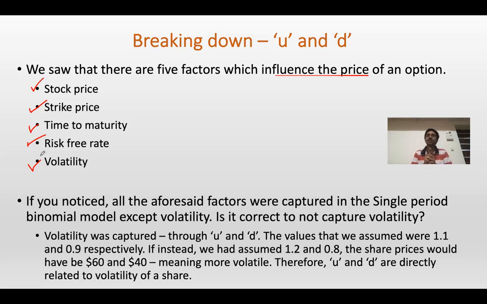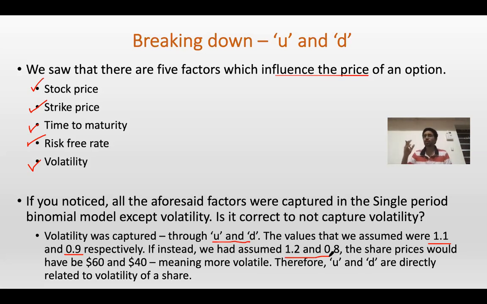Volatility was actually considered through U and D. What we assumed as 1.1 and 0.9, volatility was actually built into those assumptions. So we assumed a value of 1.1 for U and 0.9 for D. Instead, let's assume hypothetically that we had assumed 1.2 and 0.8 instead of 1.1 and 0.9.